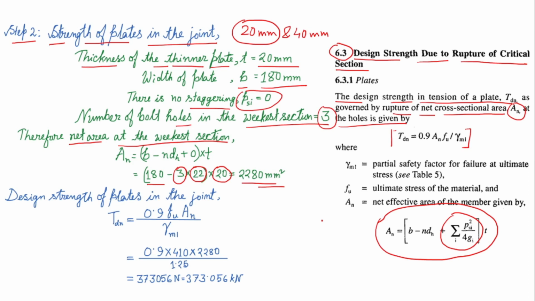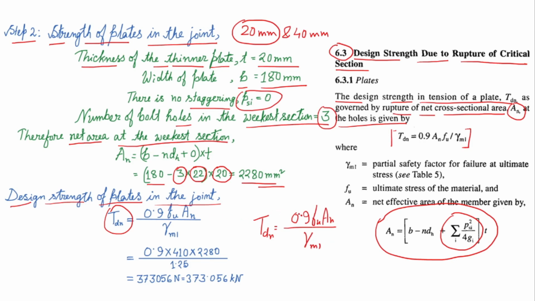By using this data which we have noted down, we have to calculate the design strength of plates in the joint, which is known as TDN, which is equal to 0.9 FU AN divided by gamma M1.